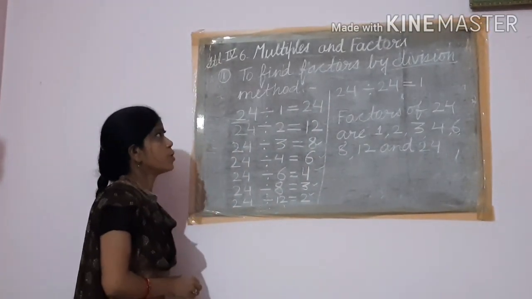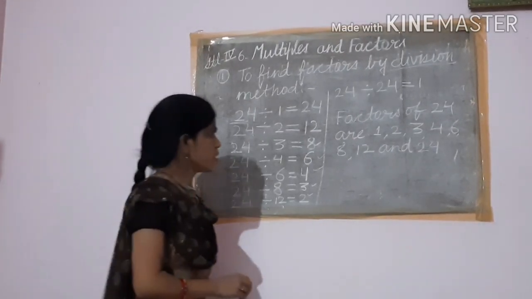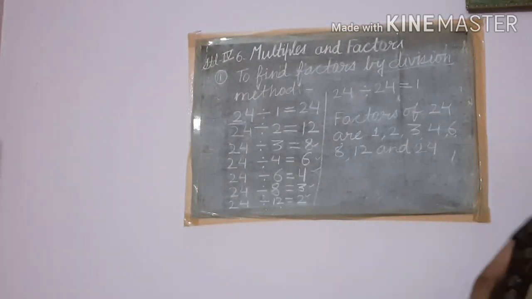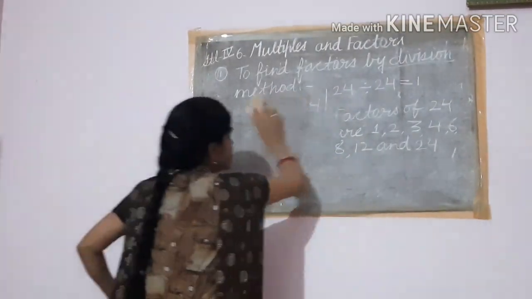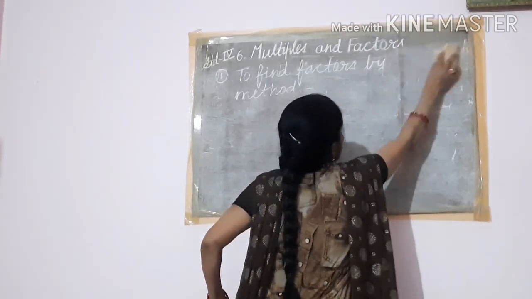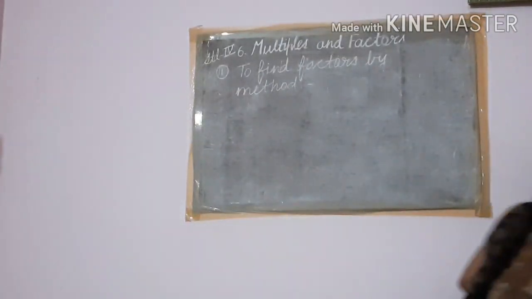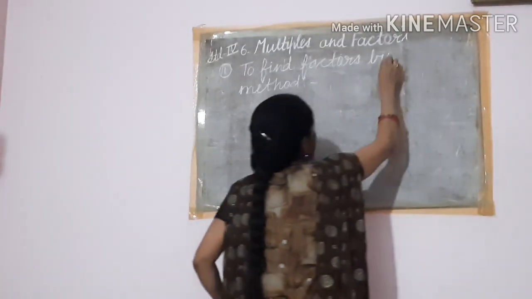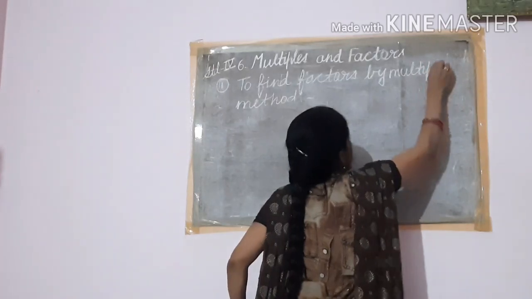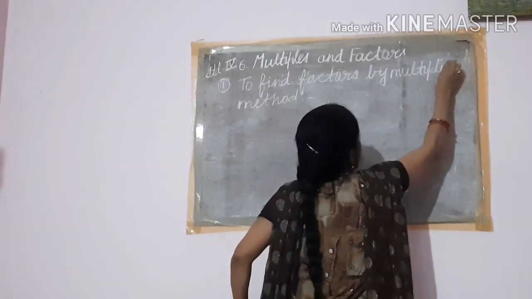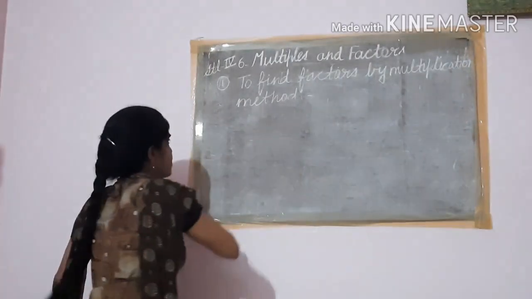Now I will show you how to find factors by the multiplication method. Here only I am going to change this. Multiplication method.